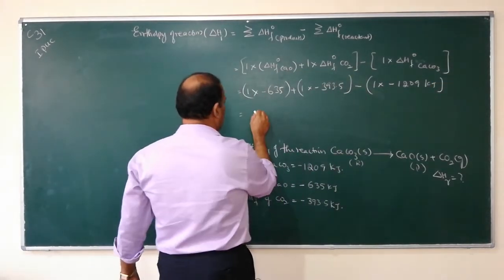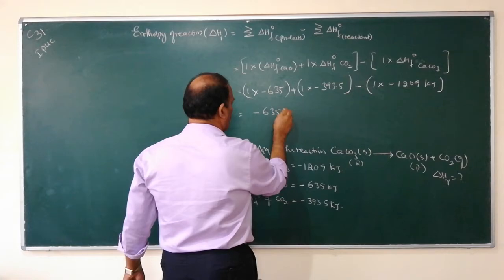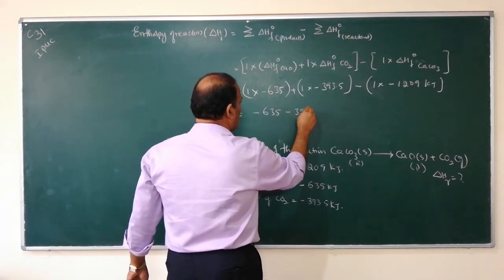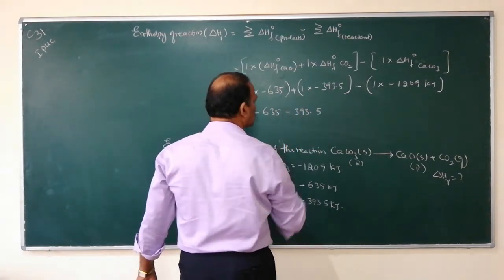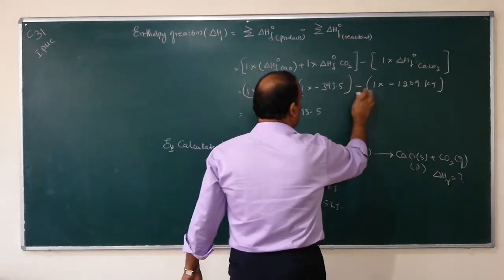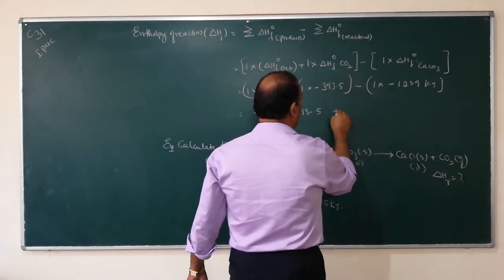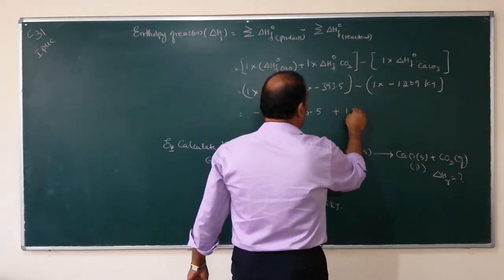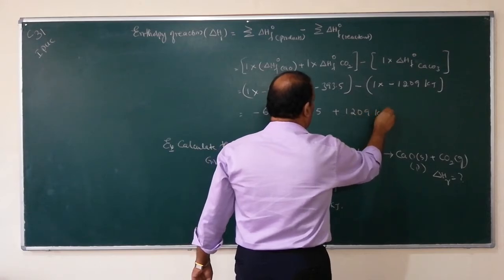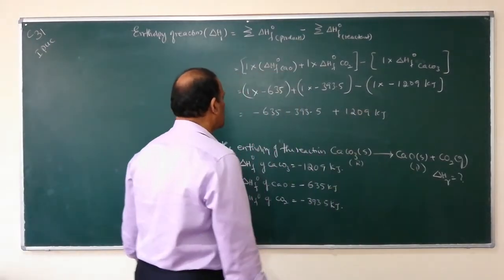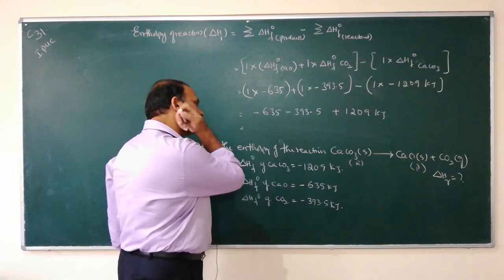So this equals minus 635 minus 393.5, minus of minus, this is plus 1209 kilojoules. So what is the value of this one?